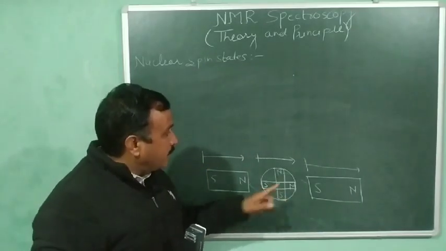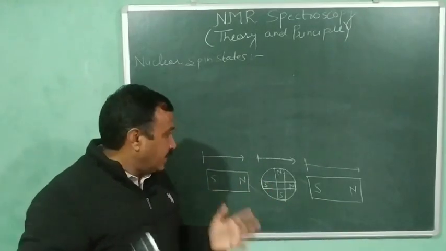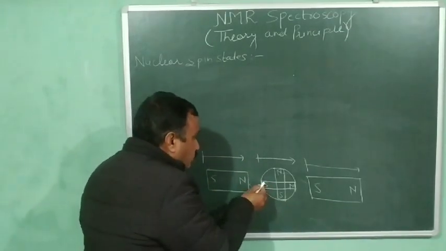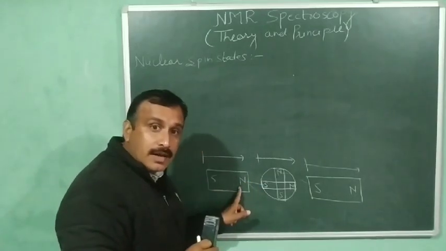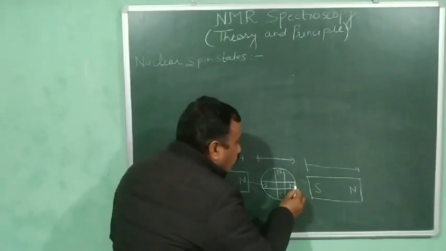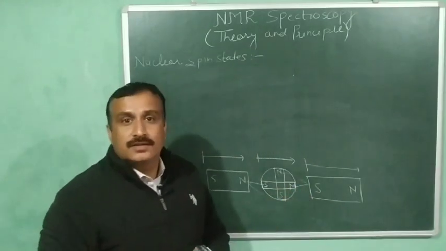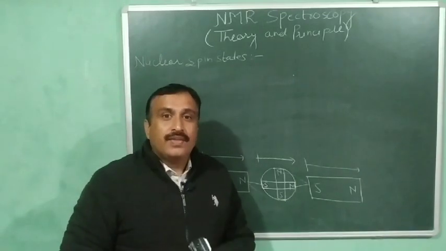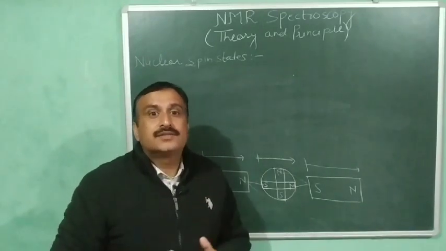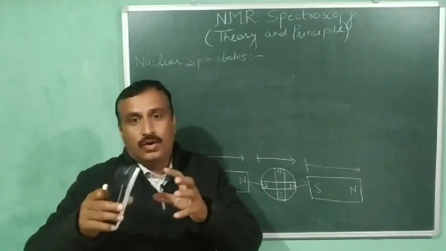This proton magnet is feeling attraction, that is, its south pole is being attracted by the north pole of the external magnet, and its north pole is being attracted by the south pole of the external magnet. Okay, so there is a force of attraction. This means that it will stabilize this proton magnet and its energy will fall or decrease.